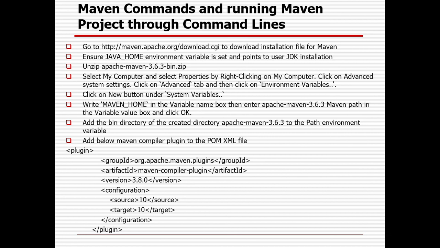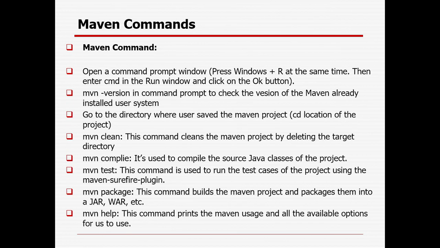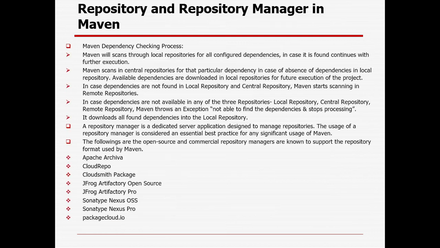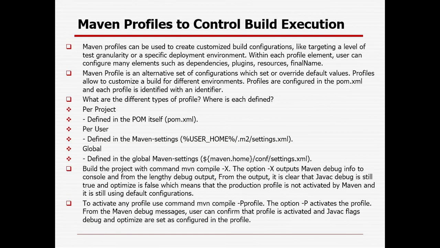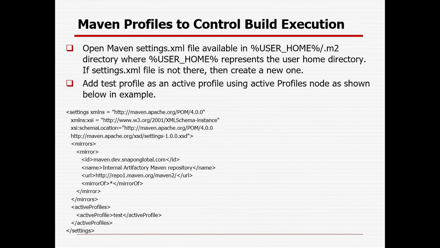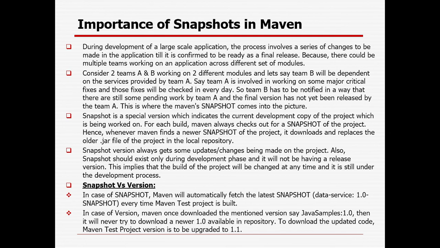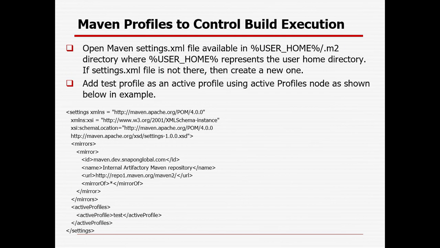You can add it. Okay, you can do the profiling concept, right. You can create multiple profiles, you can activate multiple profiles, and you can set an active profile as the default profile. You can also get to know what the repository and repository manager are all about, and what the differences between snapshot and release versions are, right. And where is the configuration available?